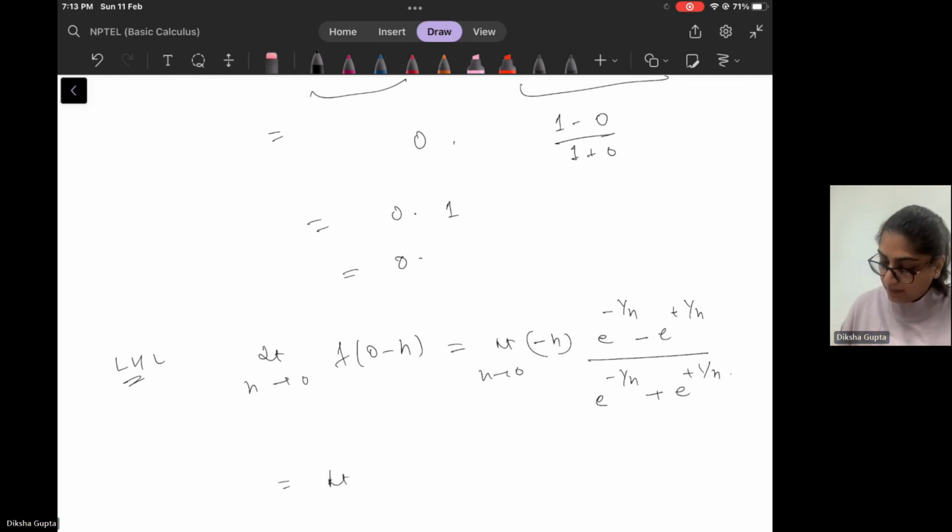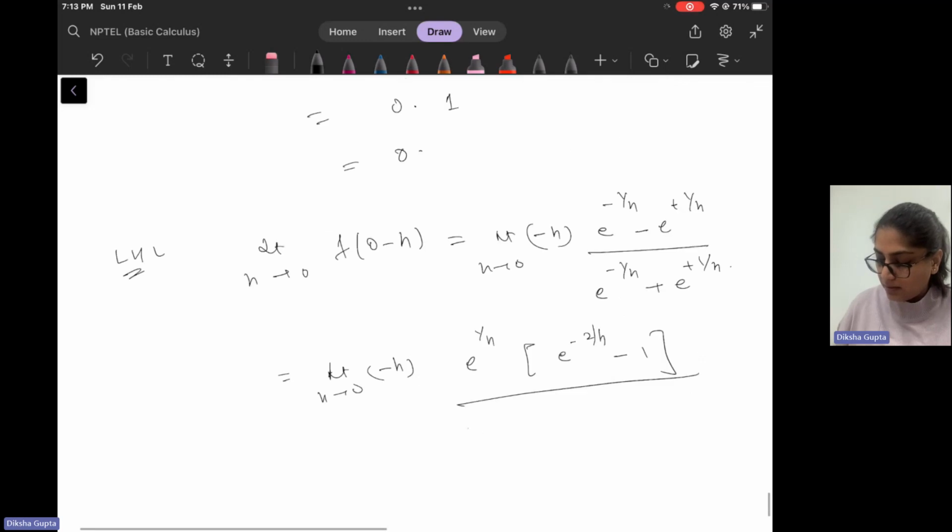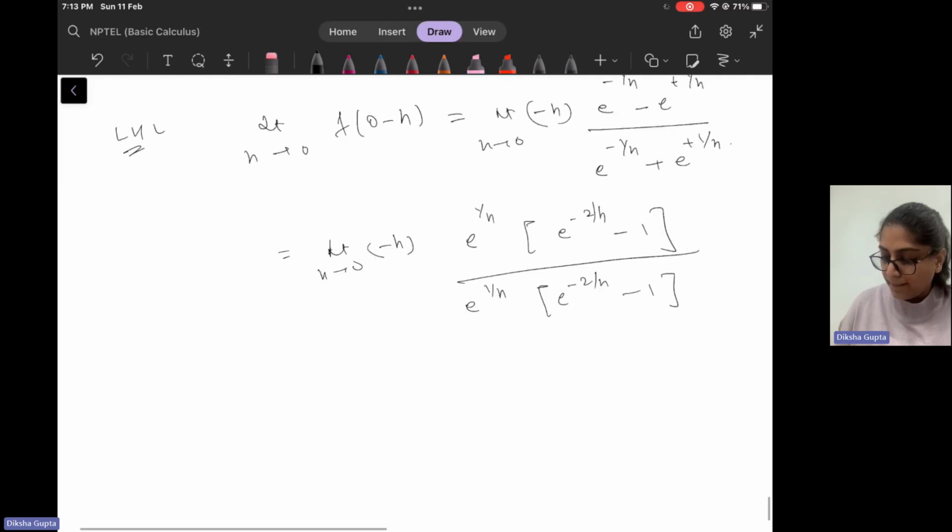Now again, taking out common e raised to power 1 by h, we get e raised to power minus 2 by h minus 1, and again e raised to power 1 by h common, e raised to power minus 2 by h plus 1.